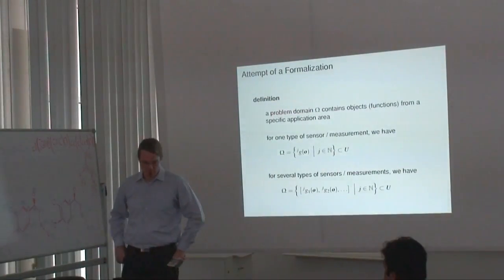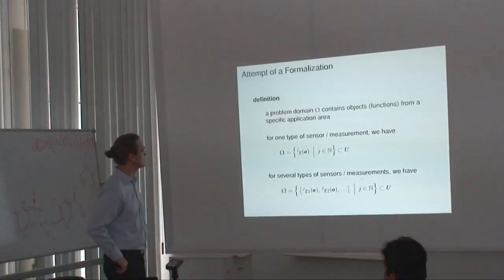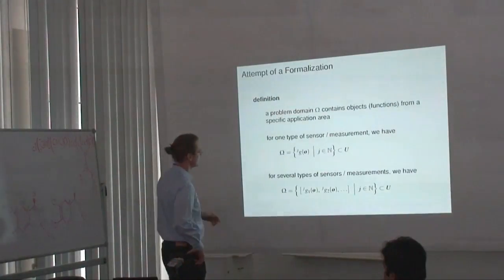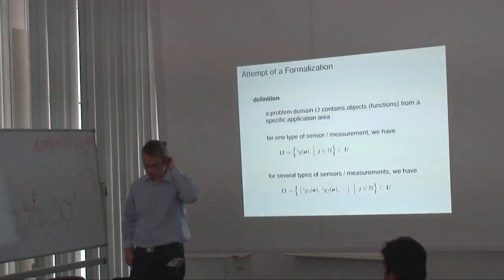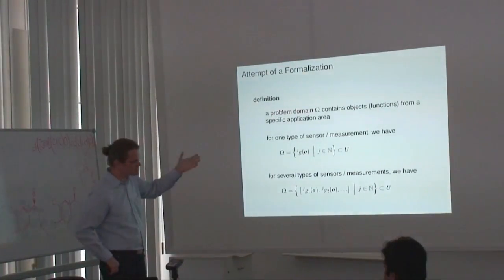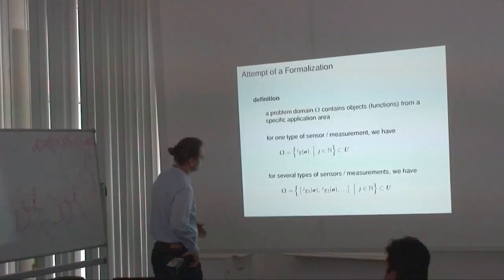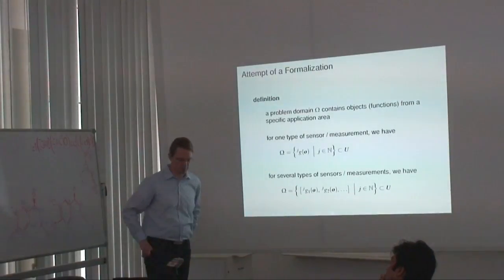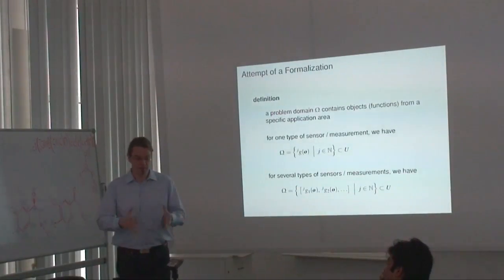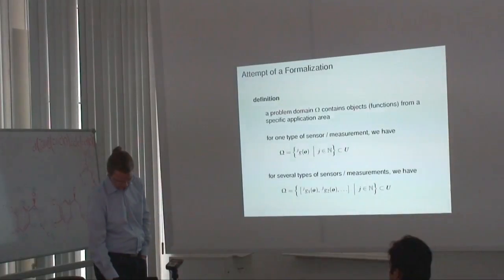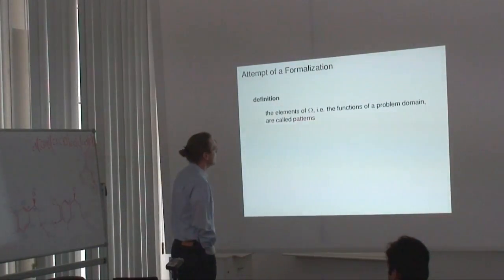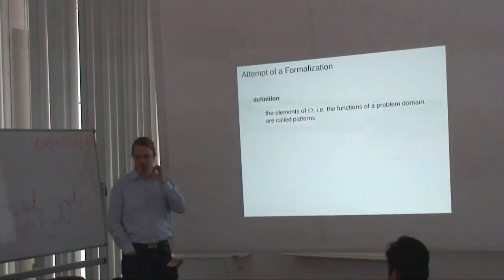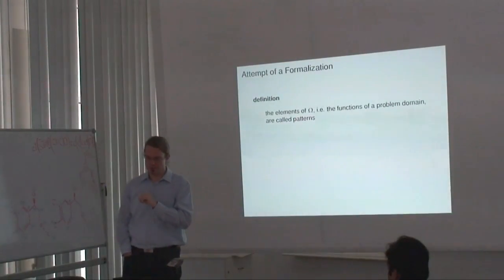And with respect to the problem of sensory perception, we could say that this class would contain types of measurements where we have just one measurement at, I don't know, some point in time. And for color images, for instance, we would have several measurements, of course, simultaneously at every point in time.